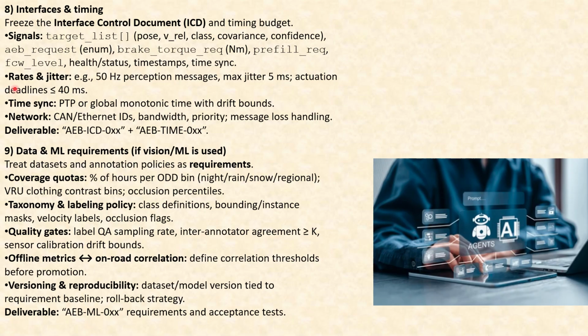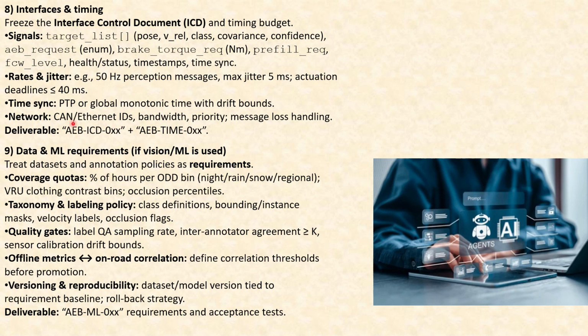Okay, next, when it comes to rates and jitter: 50 Hz perception messages, max jitter of 5 milliseconds, actuation deadline should be less than 40 milliseconds. And as I said in the previous slide, the latency should be as low as possible. Now, when it comes to time sync: PTP or global monotonic time with drift bounds.